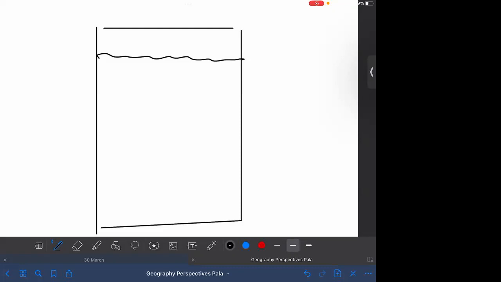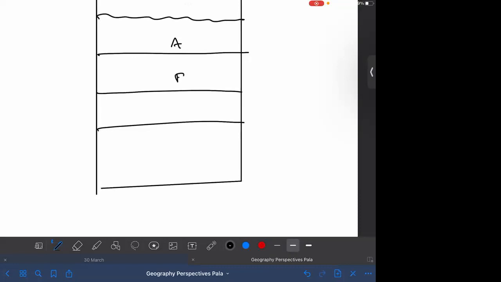A sequence of these soil horizons placed one above the other is called soil profile. So this soil profile is basically talking about the vertical structure of the soil, right?